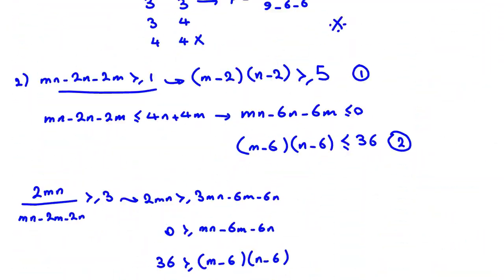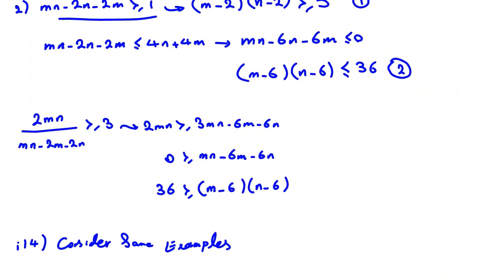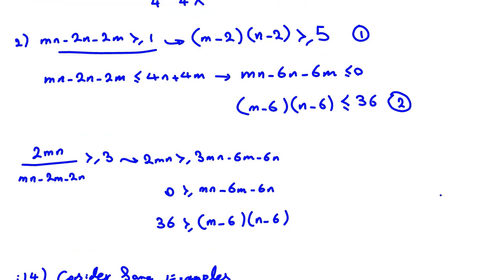So let's find the smallest cases that are possible. So here, because we have this condition, both of them are at least 3. And we can consider without loss of generality, suppose m is at least n. So n is 3, the minimum case. If n is 3, m is at least what?